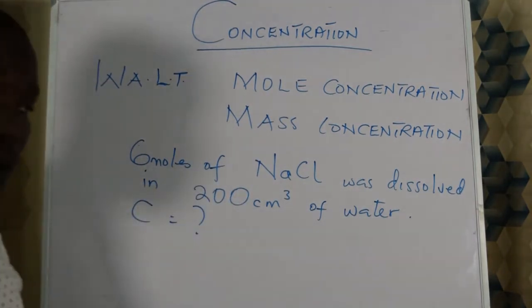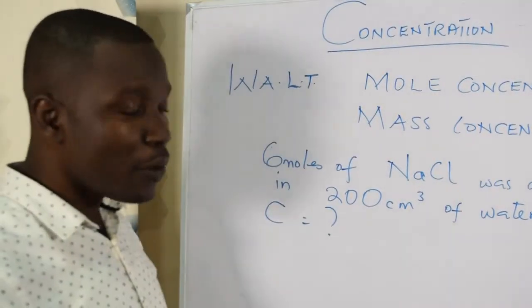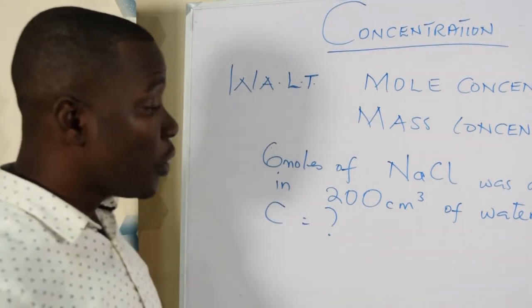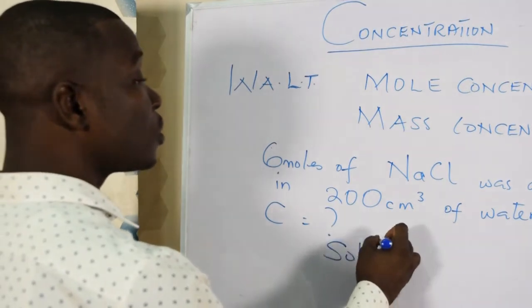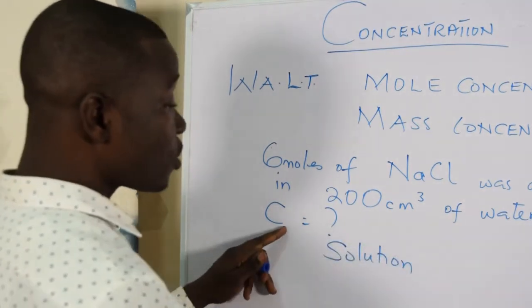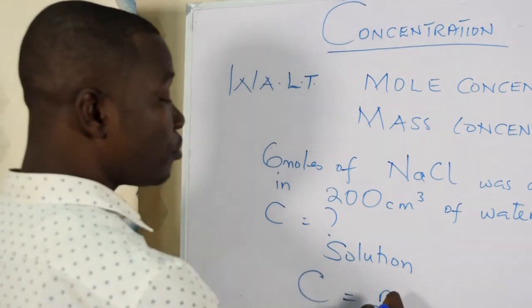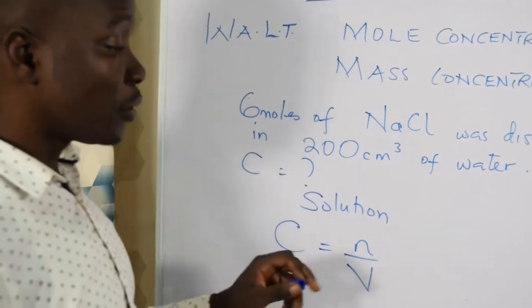I keep on telling you that in science there are a lot of formulas. One assured way for you to keep the formulas is to write them anytime you are solving a question. So, solution. I've been asked to look for the concentration, so I put my formula down. Concentration is number of moles per volume.